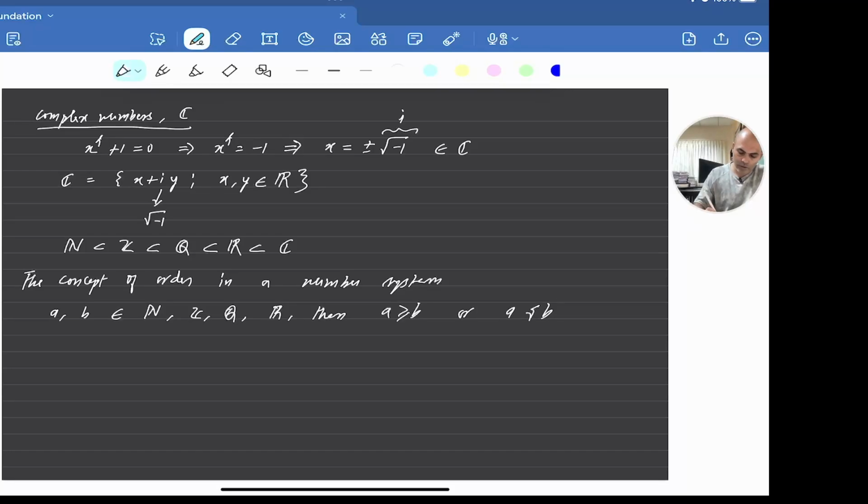However, there is no concept of order in complex numbers.